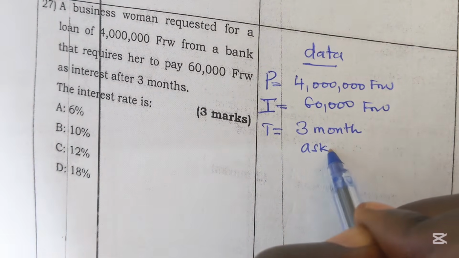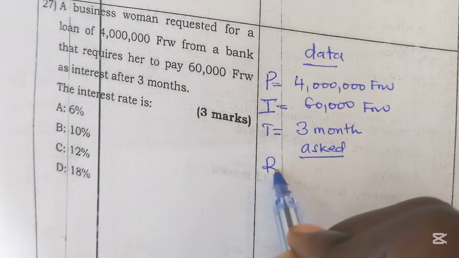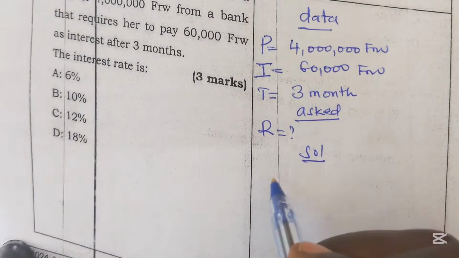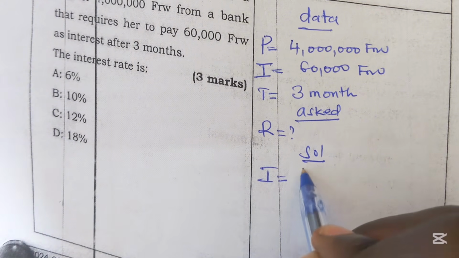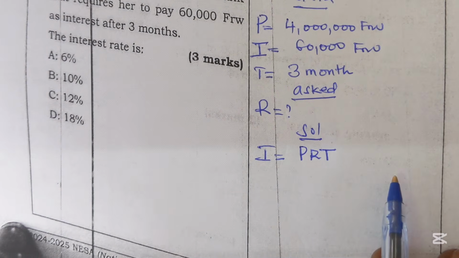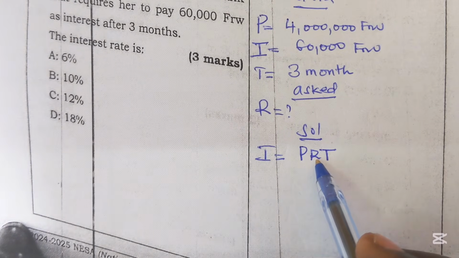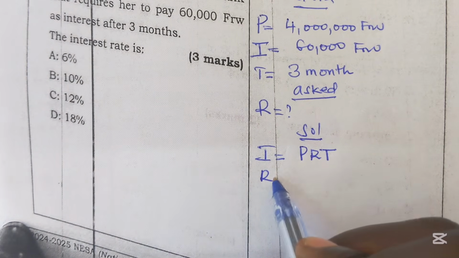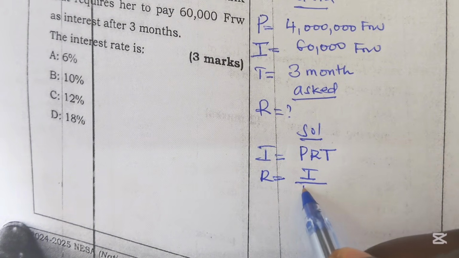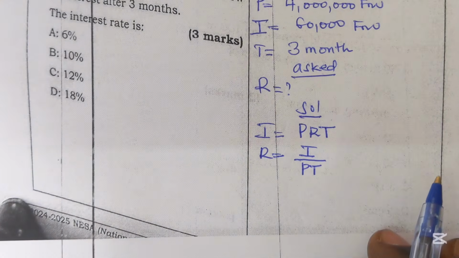Asked: the rate. Solution and formula: we know that interest equals principal times rate times time. But here we are asked to find the rate, which means the rate equals interest over principal times time.